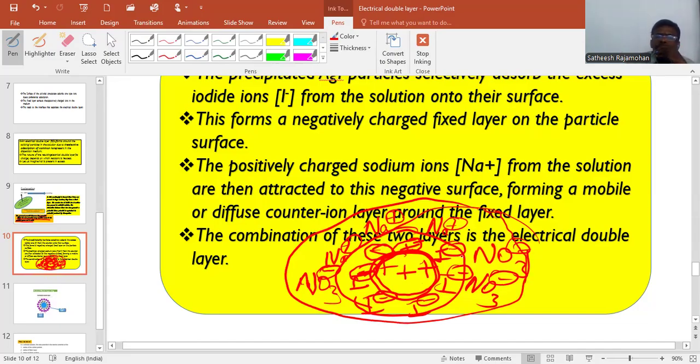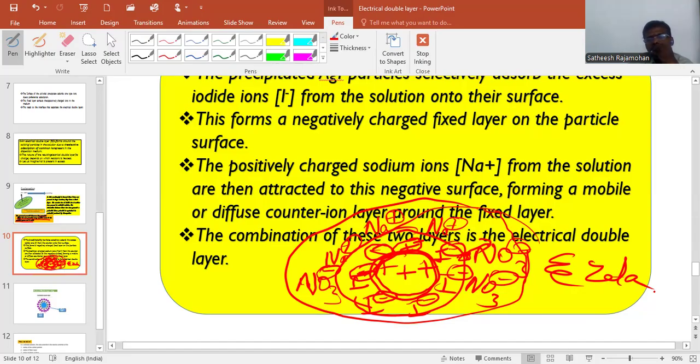At the interface of the diffused layer and the stern layer, some potential is developed. This potential is called zeta potential.